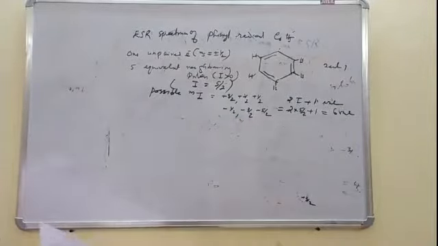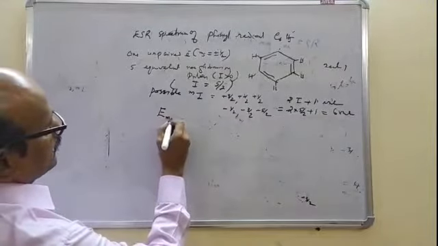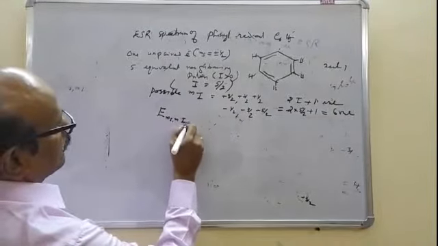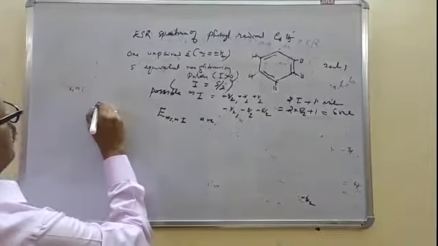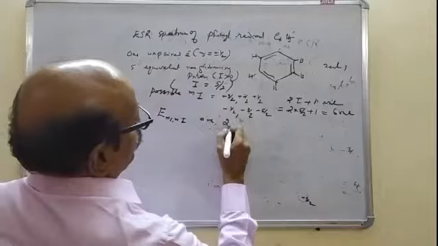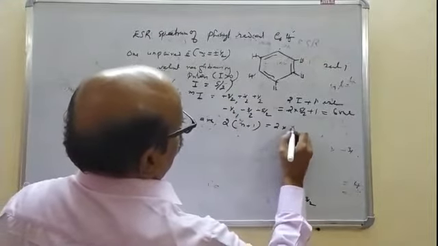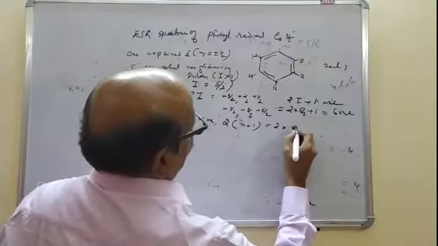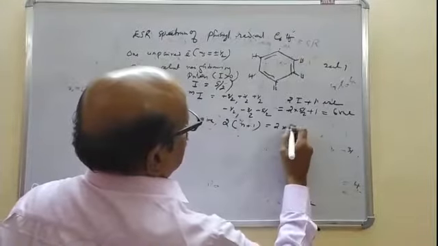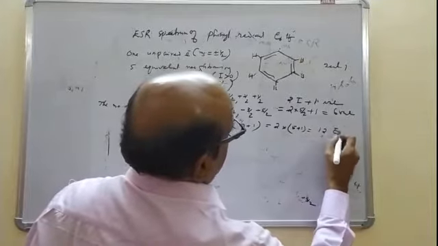So for the various combinations of energy levels E, MS, MI: the number of MS values is 2 into n plus 1, that is 2 into 5 plus 1, which is 12 energy levels.